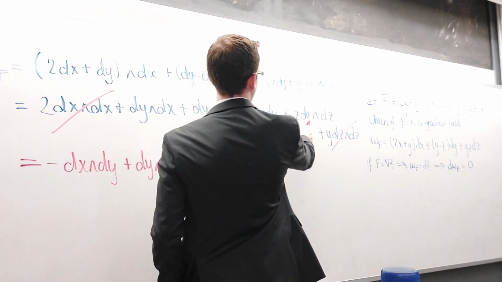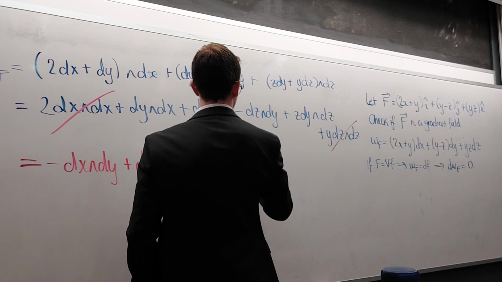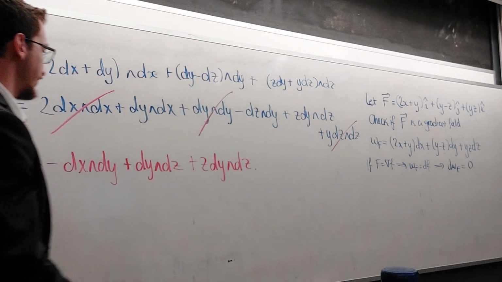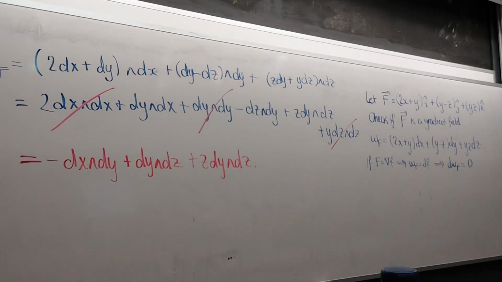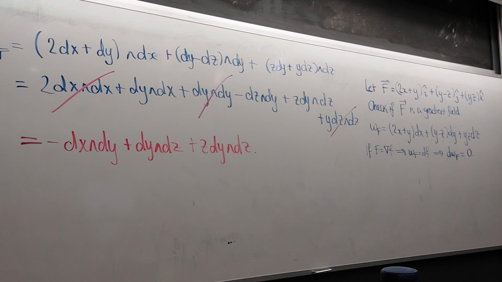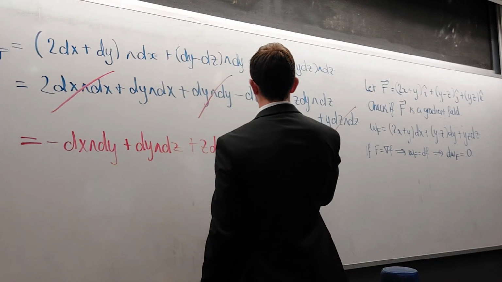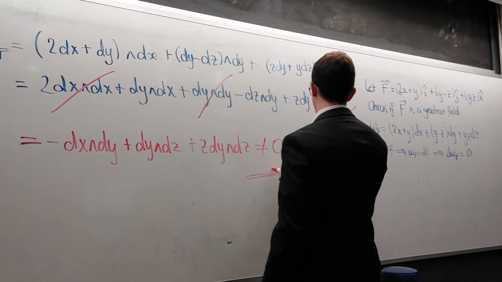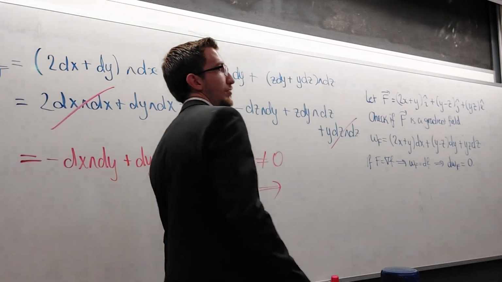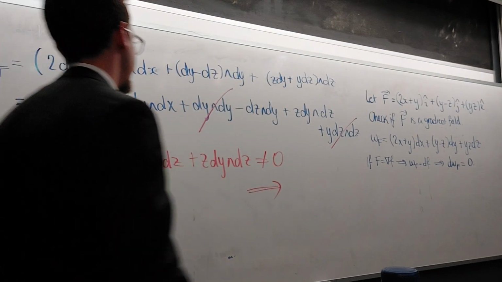And I'll write this as the same, z dy wedge dz. Is that 0? It's not. What does that say? It's not a gradient field.